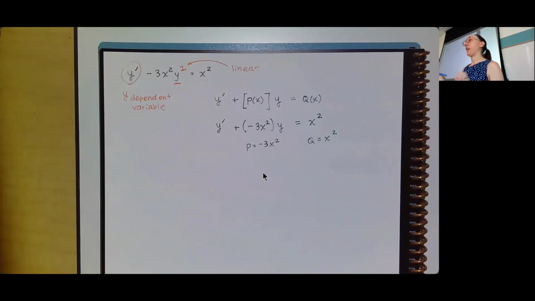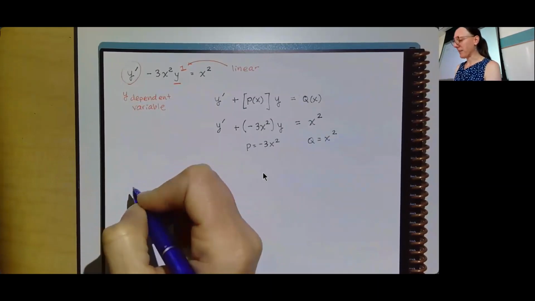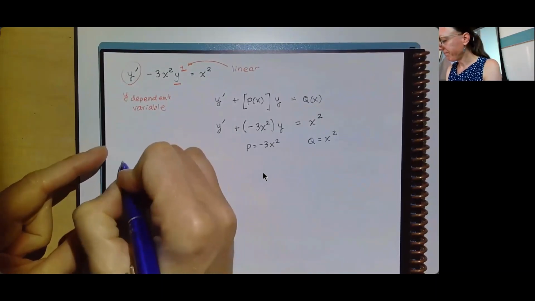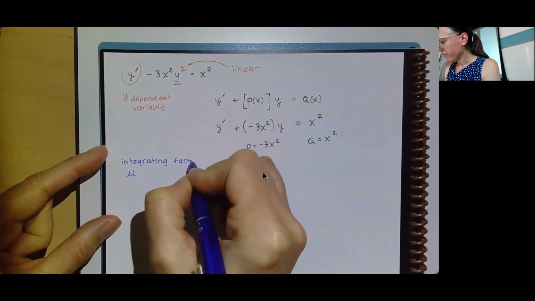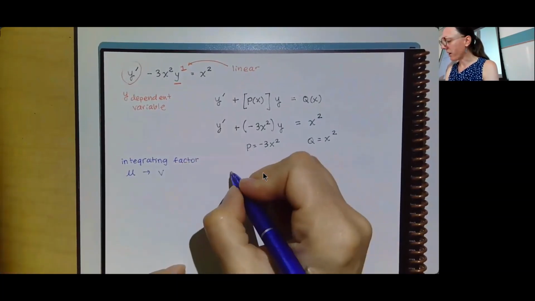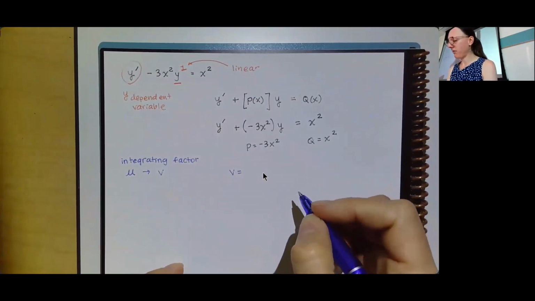It's not in our textbook. Most textbooks use the Greek letter mu, but I noticed Challoner is using a V. So I'm going to use a V so that notation-wise we're consistent here. But if you're looking up something on YouTube, you're probably going to see the Greek letter mu for the integrating factor. We're going to use V. And the way that we find V is always the same for a first order linear.